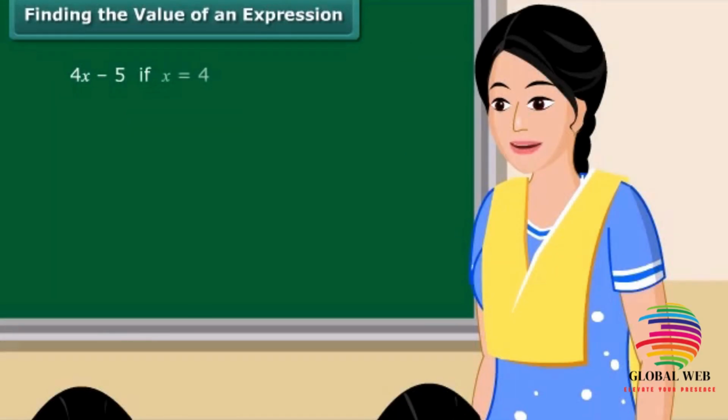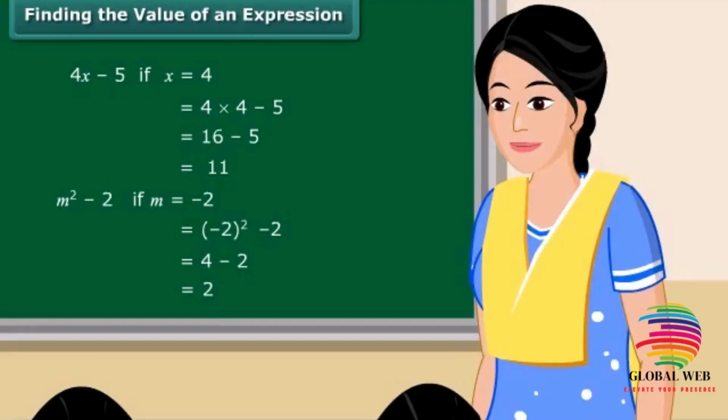If the value of x is equal to 4, then the given algebraic expression is equal to 4 into 4 minus 5, which is equal to 16 minus 5, that is 11. Similarly, if m is equal to minus 2, then the value of the expression m square minus 2 will be equal to 2.